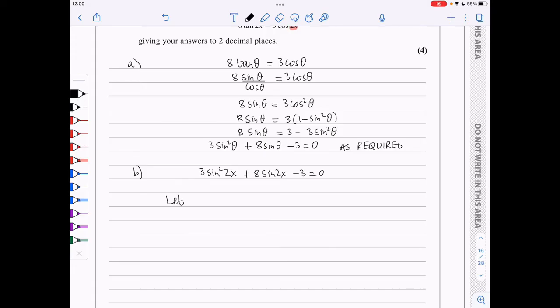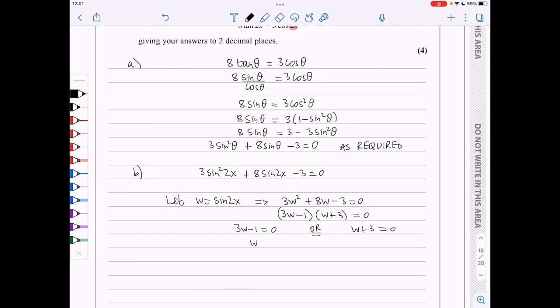Sometimes it's useful to introduce a w. In our case, it will be sine 2x in order to see that this leads to 3w squared plus 8w minus 3 is 0. So a familiar quadratic setting here, which factorizes into (3w minus 1)(w plus 3) is equal to 0, and therefore either 3w minus 1 is 0 or w plus 3 is 0.